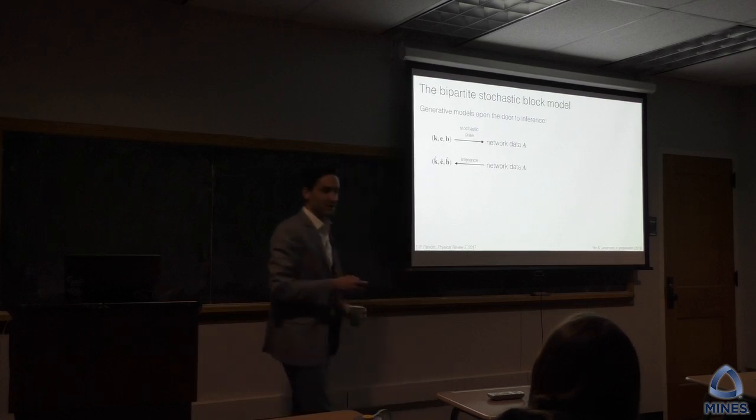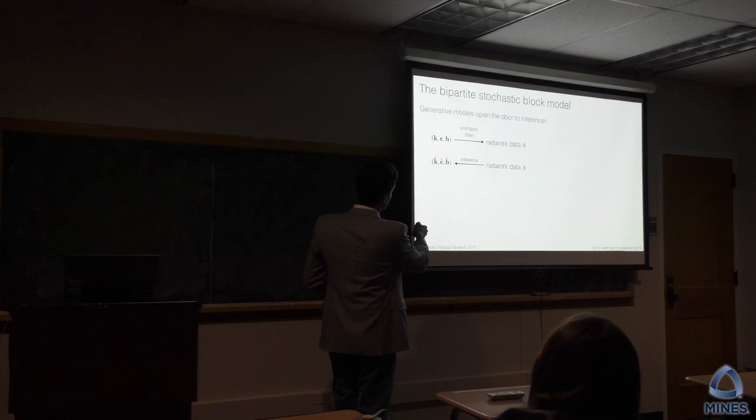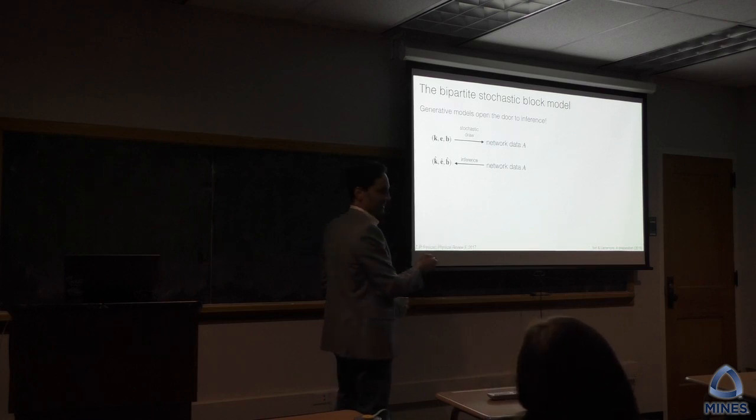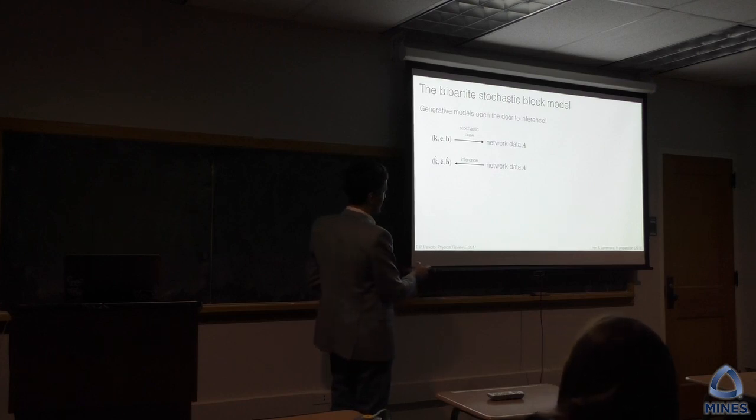So we like generative models because they open the door to inference. And what I mean is that if I give you k, e, b, you can draw stochastically somehow and generate network data with an adjacency matrix of A, where A just represents which nodes are connected to which nodes. But similarly, if you have network data A, we can perform inference to find the parameters k and b.